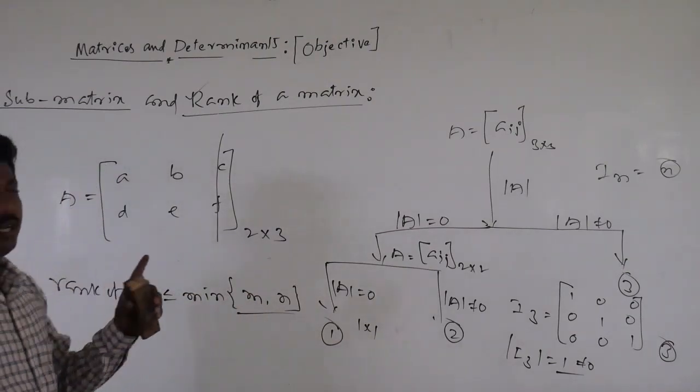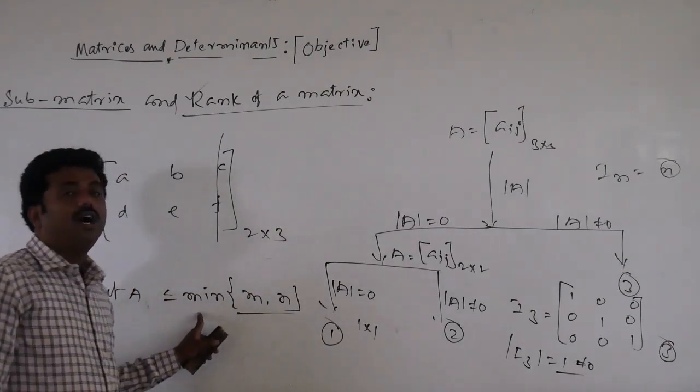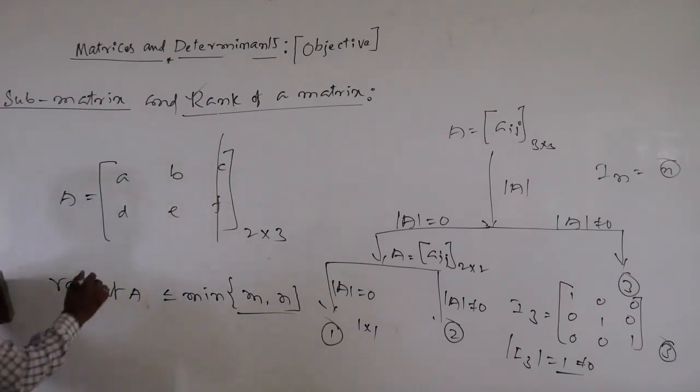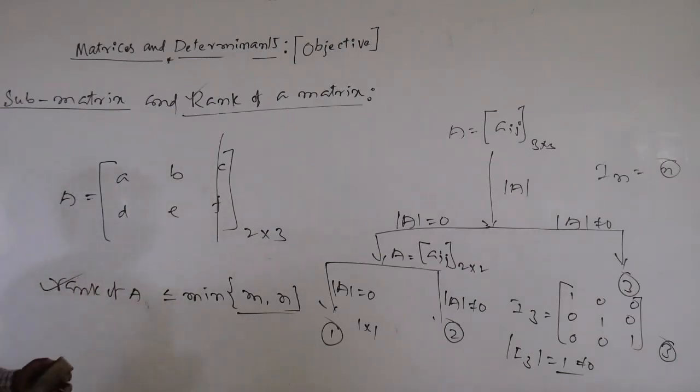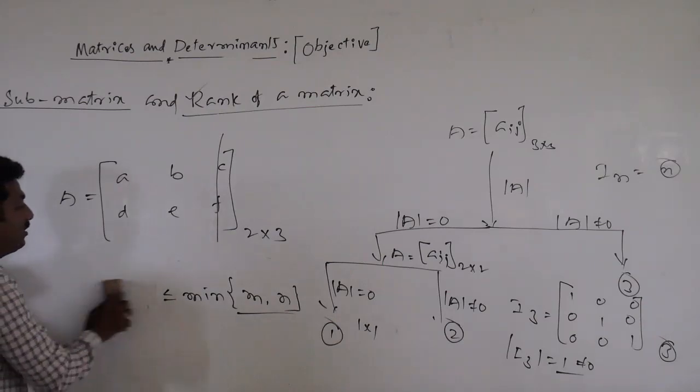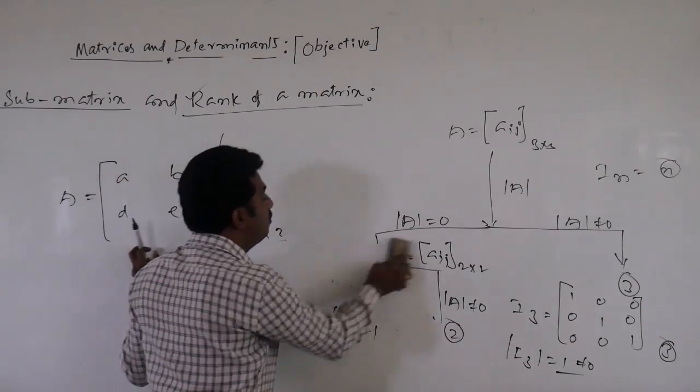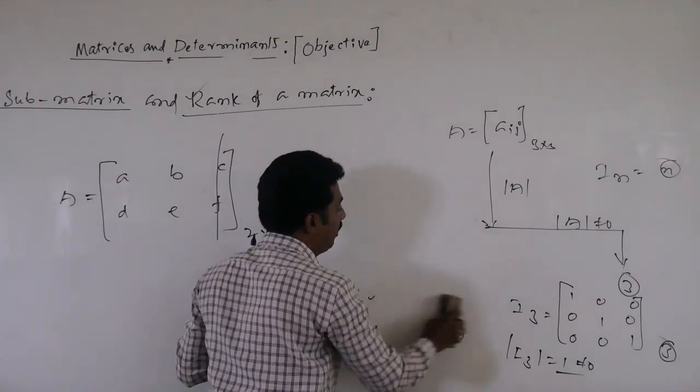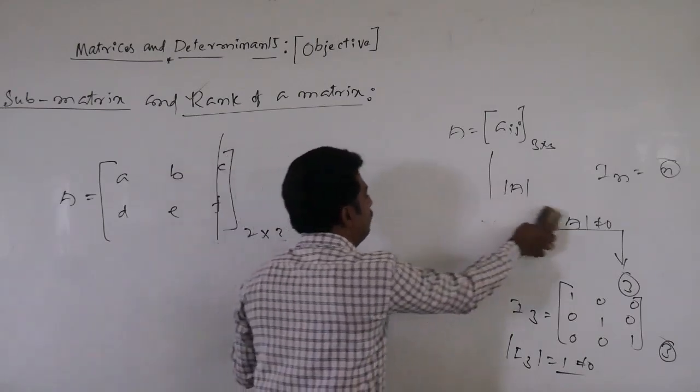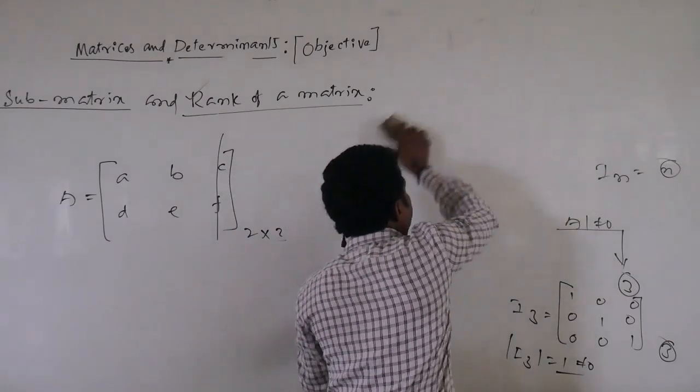That point we have to remember. What is the rank of a null matrix? It is always 0. You remember that point.